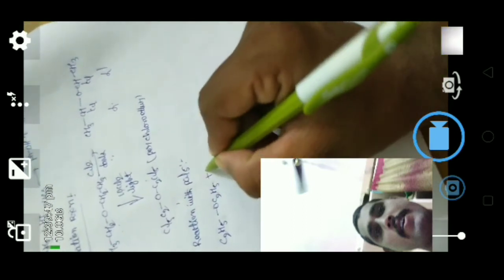Next, reaction with PCl5, phosphorus pentachloride. C2H5OC2H5, when you react with PCl5, gives 2 C2H5Cl plus POCl3.